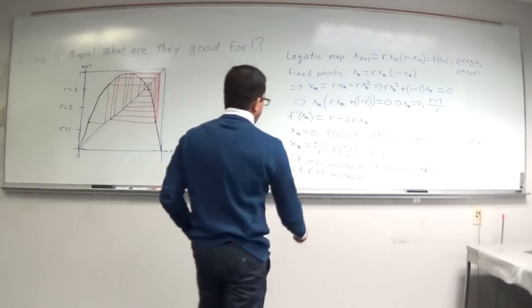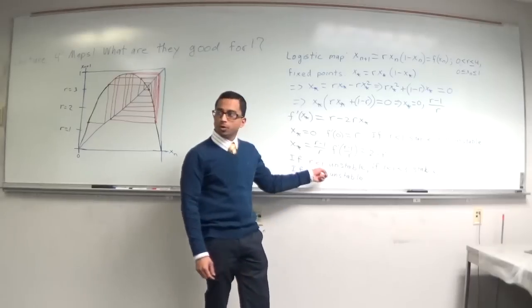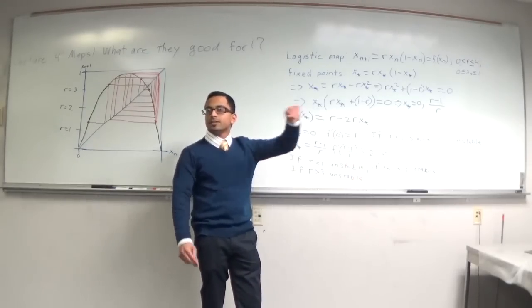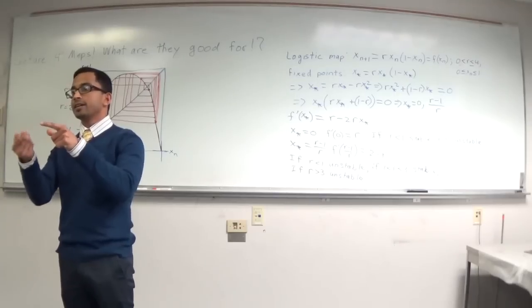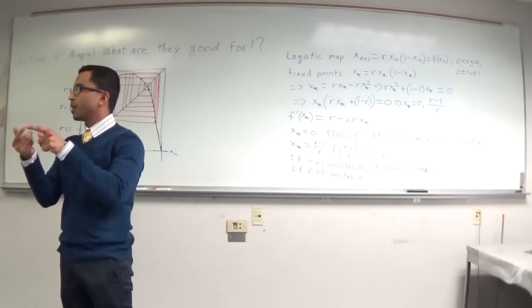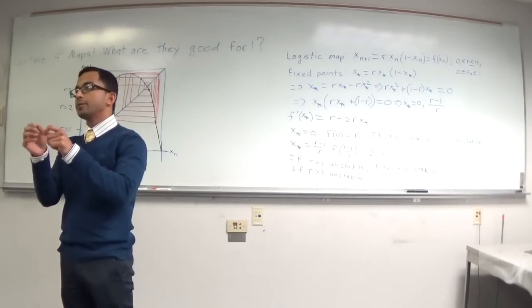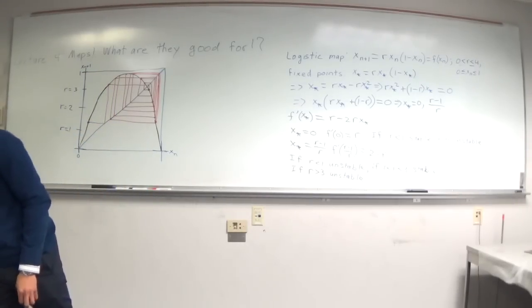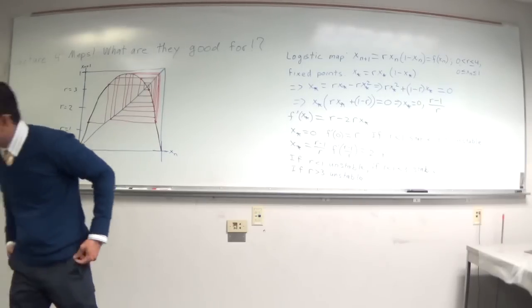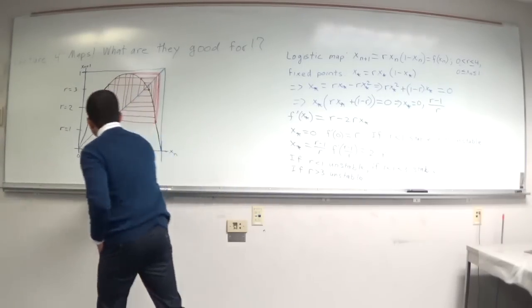We're going to get bifurcations at r equals 1 and r equals 3. These fixed points are going to be changing stability at those parameter values. That's why we get bifurcations there. But you can read up on that on page 358. But let me tell you some things about periodic orbits.